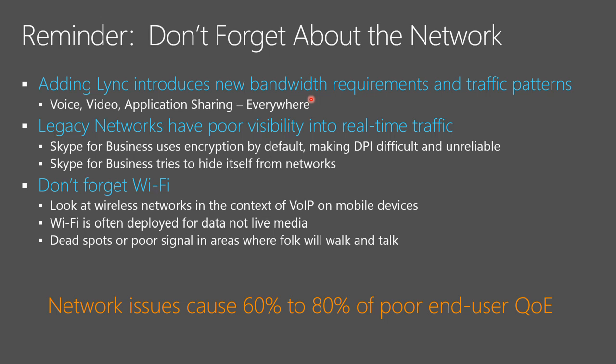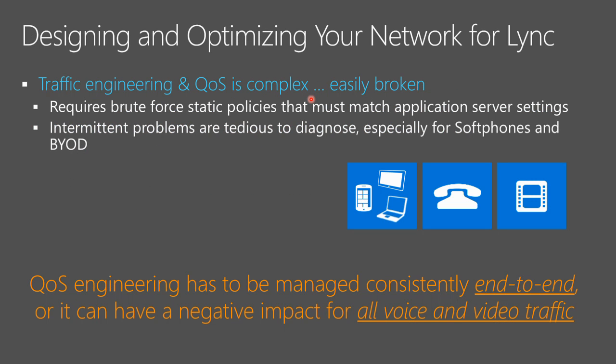And there's a statistic that 60 to 80% of Skype for Business calls that are bad are due to the network. They're not due to anything with Skype for Business or the servers. It's the network. So there are traditional methods of managing this.